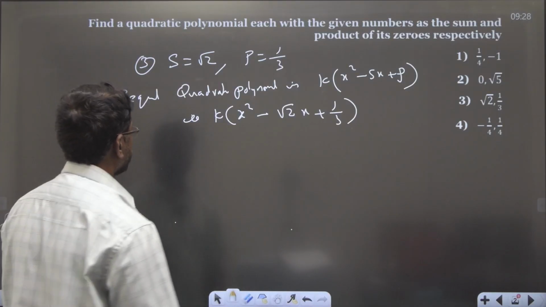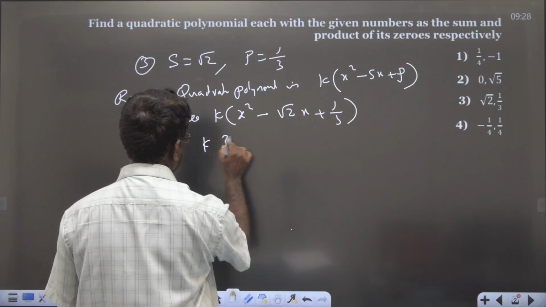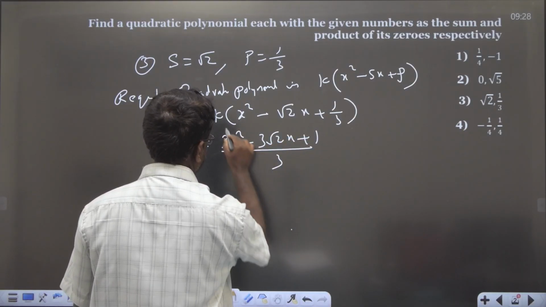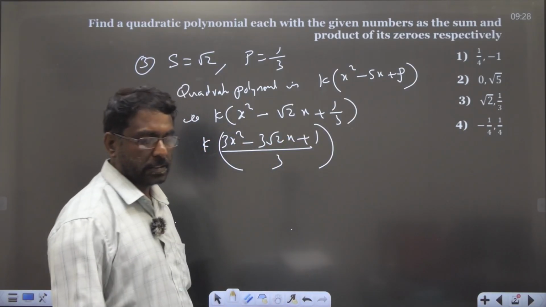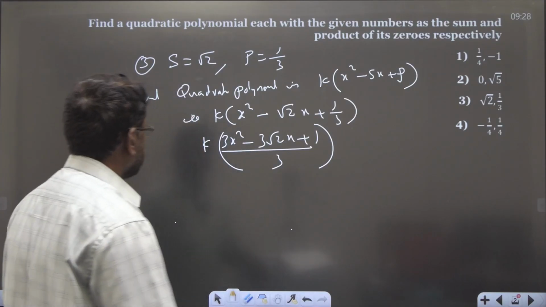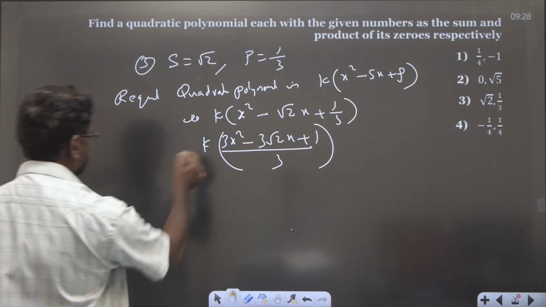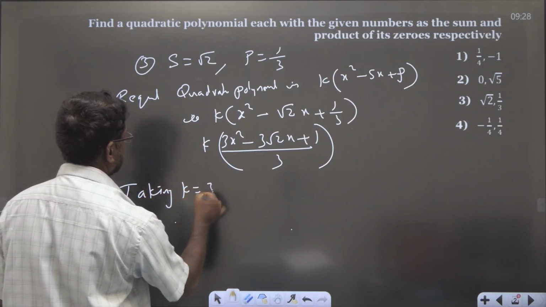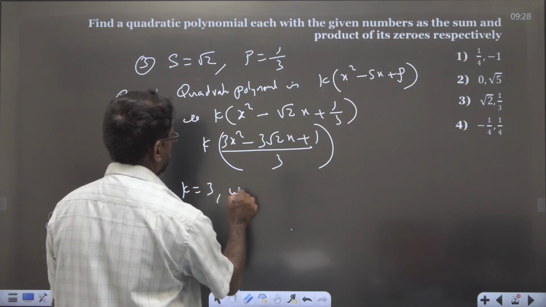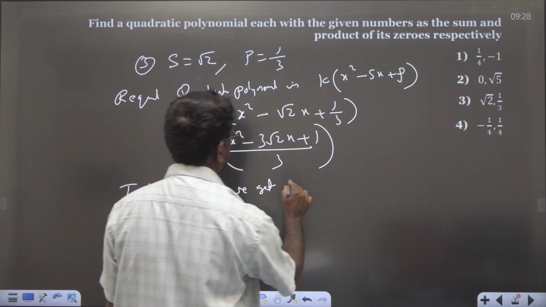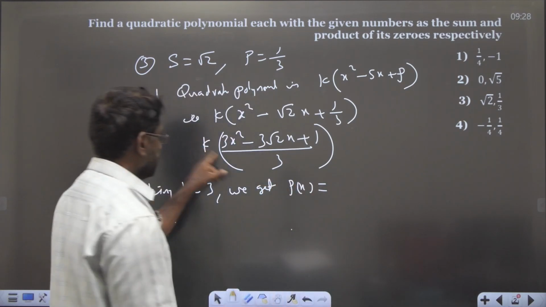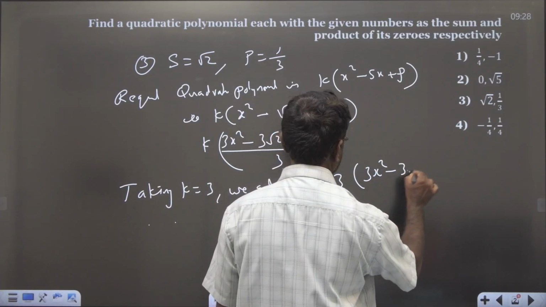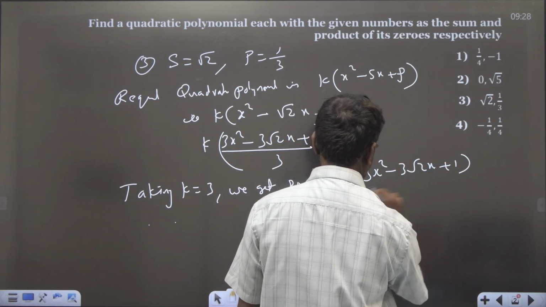Take LCM. That is k into 3x square minus 3 root 2x plus 1 by 3. We have to cancel 3. Then what will be k? Taking k equal to 3, we get p of x equal to 3 into 3x square minus 3 root 2x plus 1 by 3.